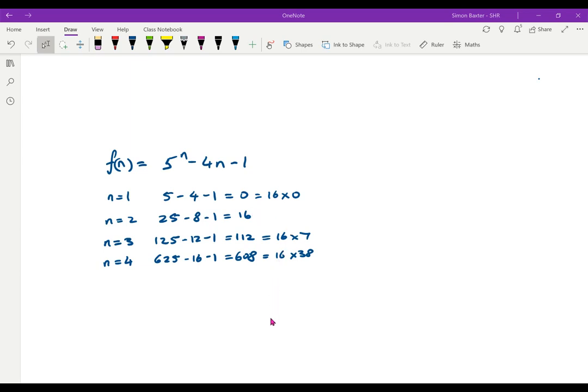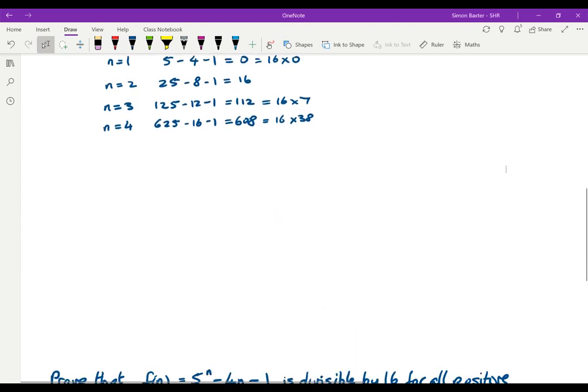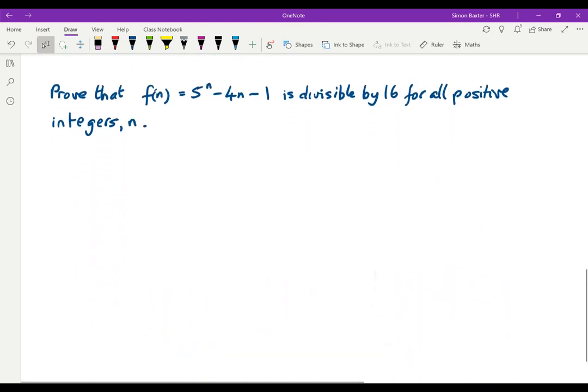Is this going to carry on forever or not? Can we prove that it carries on forever? That is what induction is all about. So let's look at this and see if we can. The task is to prove that this function is divisible by 16 for all positive integers n.